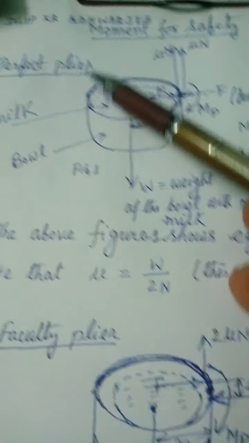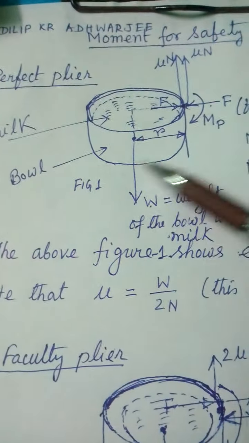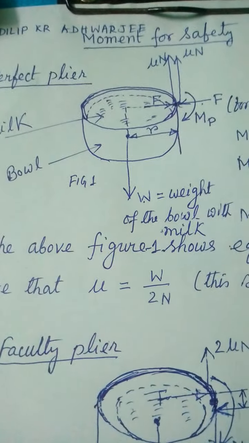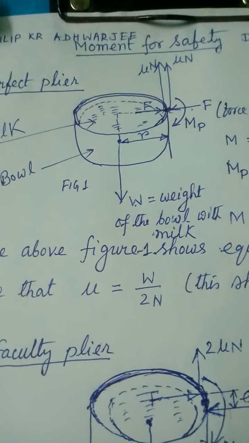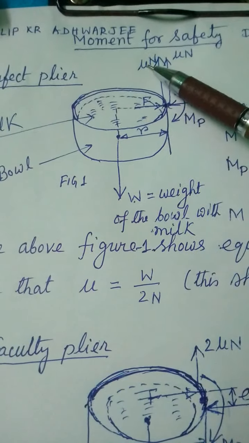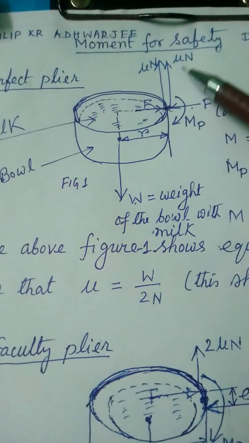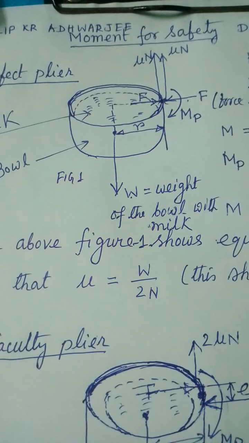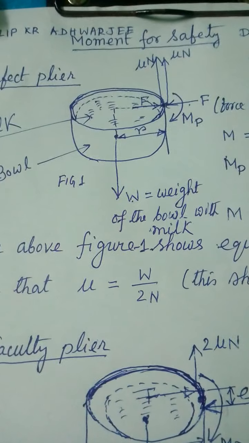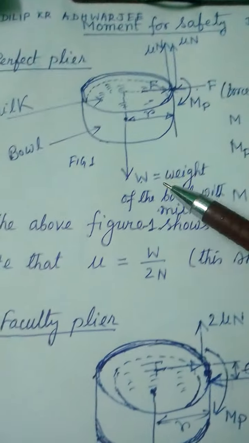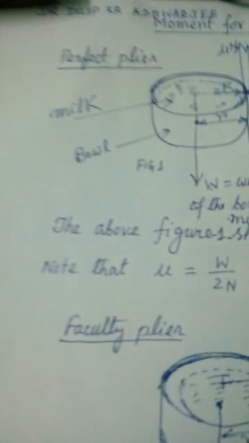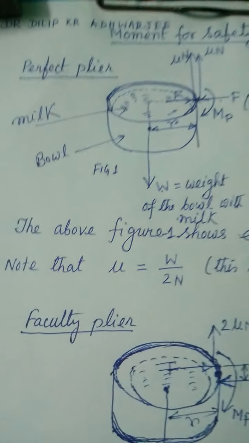Now in this system, when a plier is perfect, there is no danger. Only you have to understand this friction must be there. So the plier should be rough, so there will be friction.